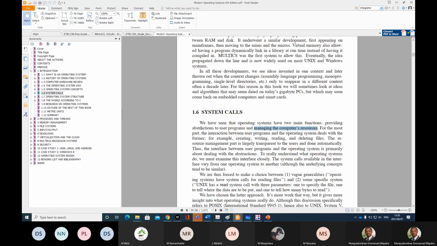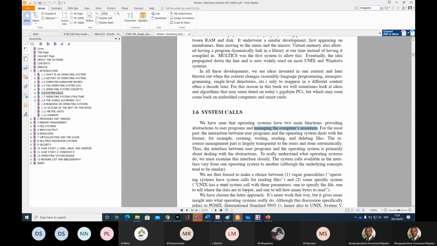The second thing is that we're making a choice between vague generalities as well as some specific system calls. Depending on the operating system, we have some system calls or functions that are specific to that operating system.